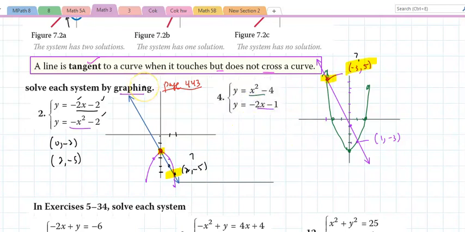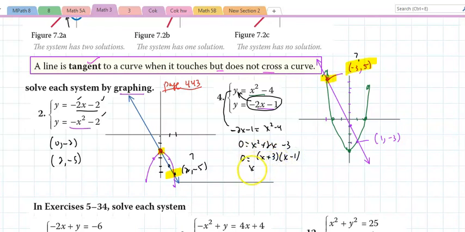Here they said graphically. For example, if I want, I could substitute. Take this and substitute it in for that y. That first equation will become -2x - 1 = x² - 4. That would mean 0 = x² + 2x - 3. 0 will equal (x + 3)(x - 1). x would be -3 or 1.